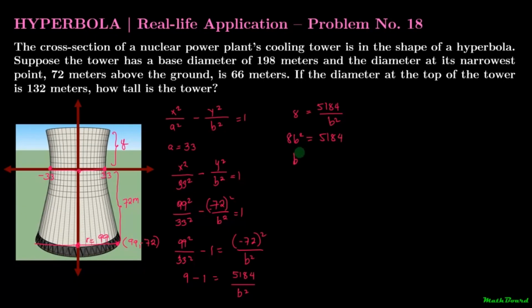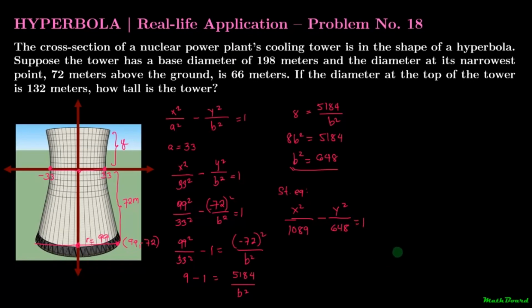Pasensya na kung medyo naguguluhan ha. 5184 divided by 8, that is 648. Ayan na, mayroon na tayong b squared, 648. Ngayon, a squared, 33 squared, 1089. So ang standard equation ay x squared over 1089 minus y squared over 648 equals 1.